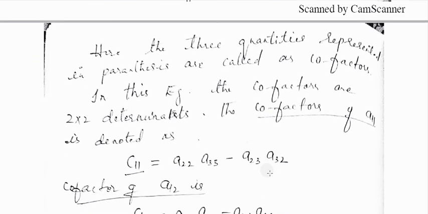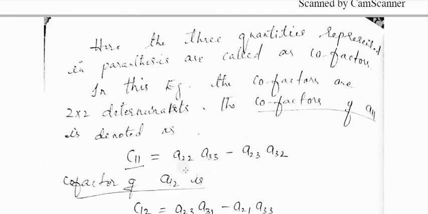So what is the cofactor of A11? The quantities represented in the parenthesis are called the cofactors. We represent the cofactors by C, because these are the cofactors of the first row. Hence we represent them by C11, C12 and C13.